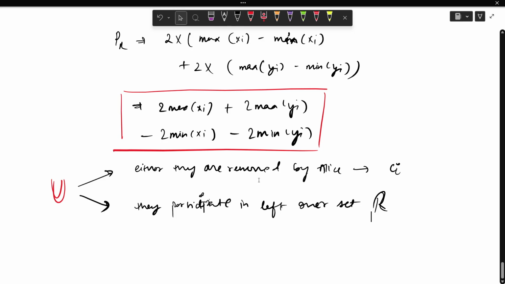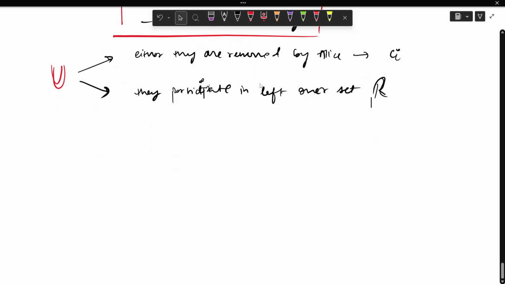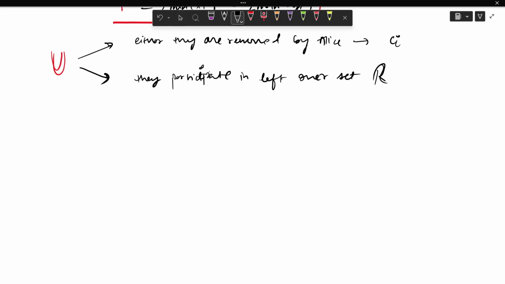So when they participate in the leftover set, we can expand on how to calculate the perimeter and the cost.